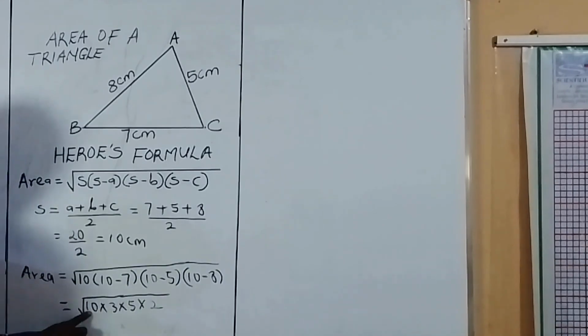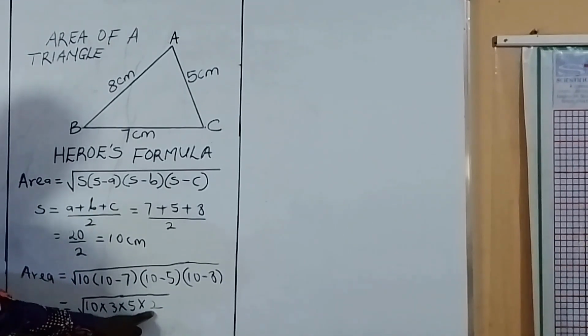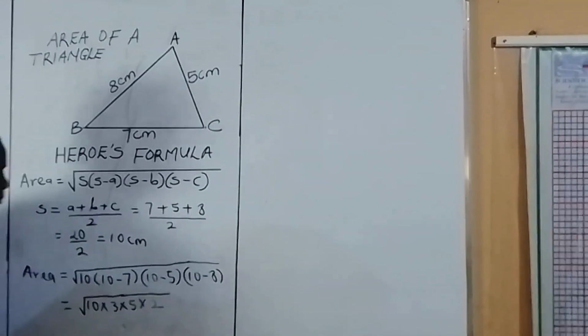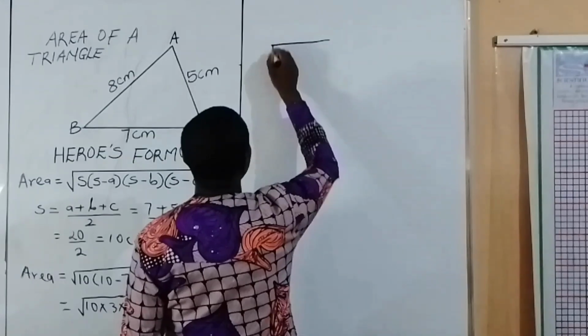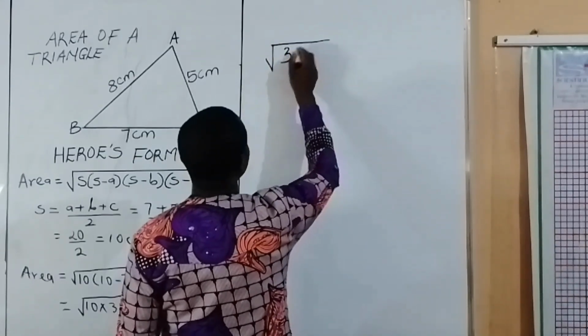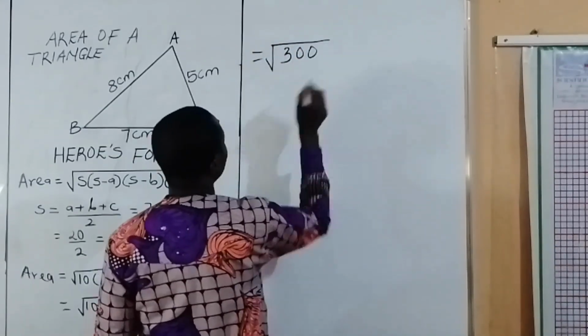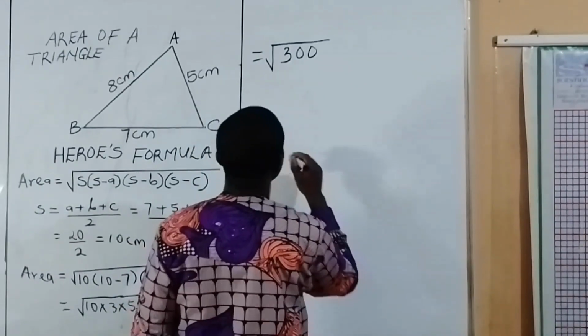So 10 times 3 is 30, and 30 times 5 is 150, and 150 times 2 is 300. So we are going to have the square root of 300. That's what we are going to have.